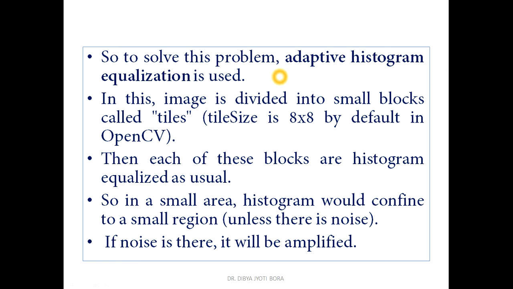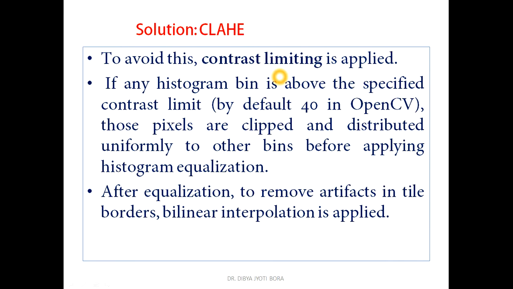It is okay, but still one problem with adaptive histogram equalization is that if some noises are there in a particular block, they would also be amplified. So there we need CLAHE. The solution is CLAHE. For that, we do contrast limitation.